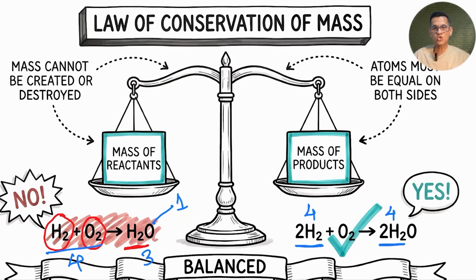If I put 2 in front of water, then I have 2 oxygens on the left hand side and 2 on the right hand side. So this completes the balancing process, and this is called a balanced equation. But how do we achieve this? Let's understand the process of balancing an equation.